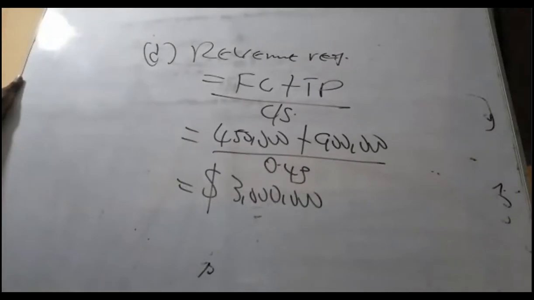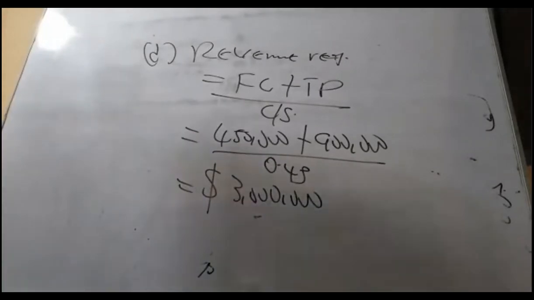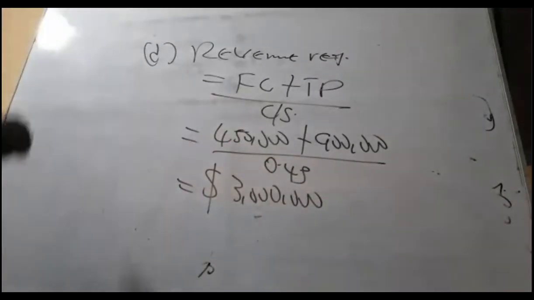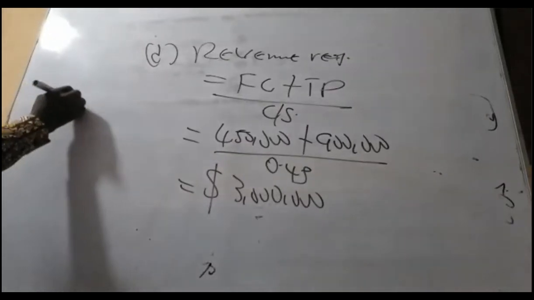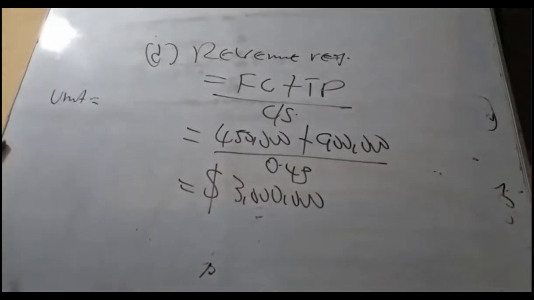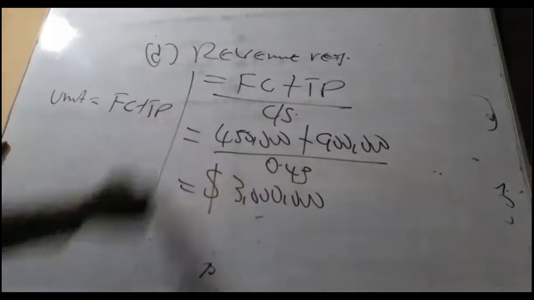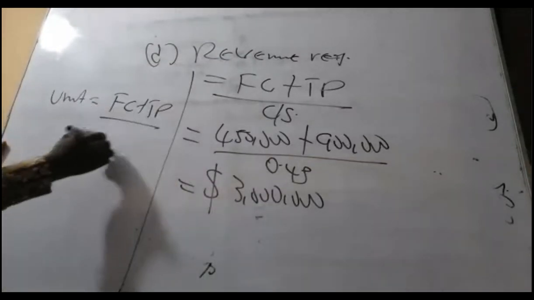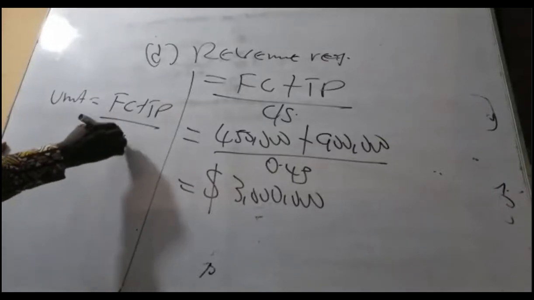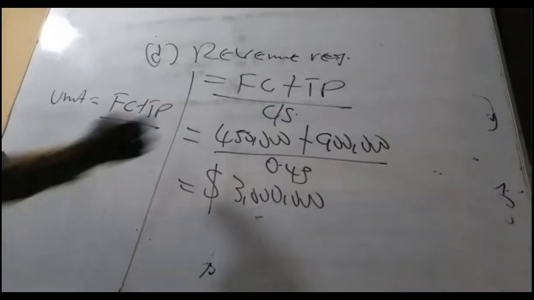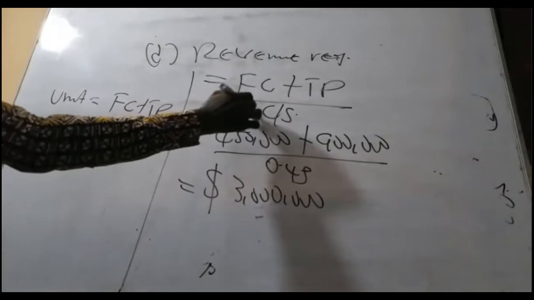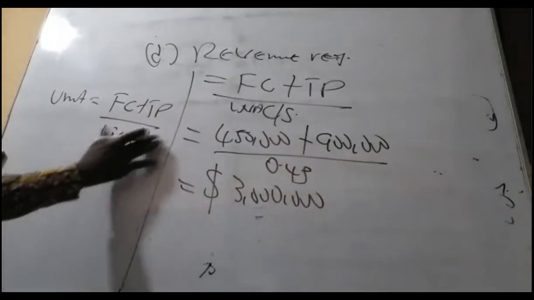Great. The same way, if they are looking for the units, that one would have been the fixed cost plus the target profit, all divided by what? Weighted average. Here is a weighted average, so weighted average contribution per unit.